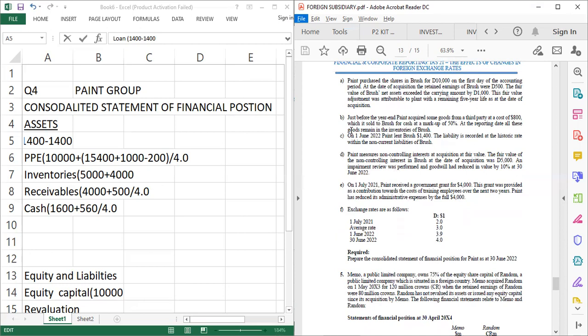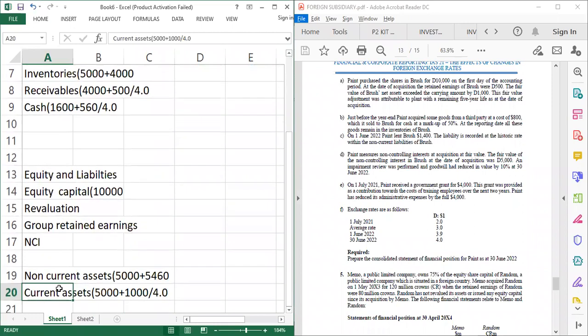First June. So if you translate it, what would be the D equivalence of the $1,400? 5,460. So you can see that it's 5,460, the same loan that they have over here.